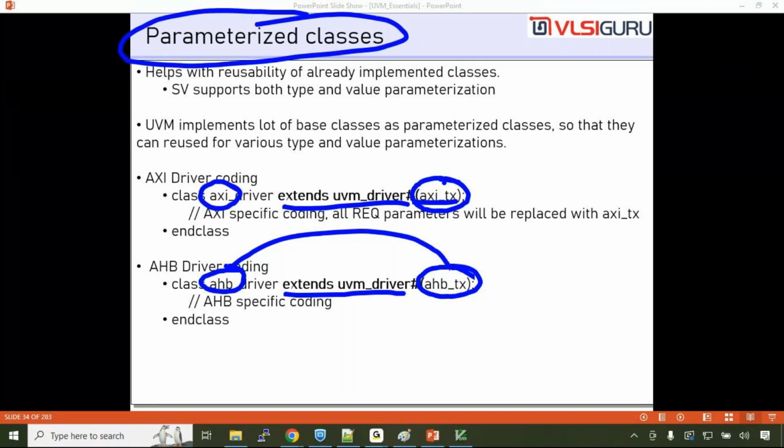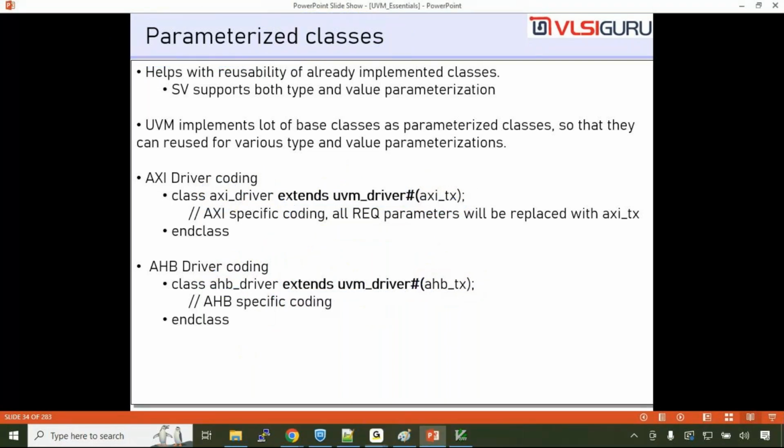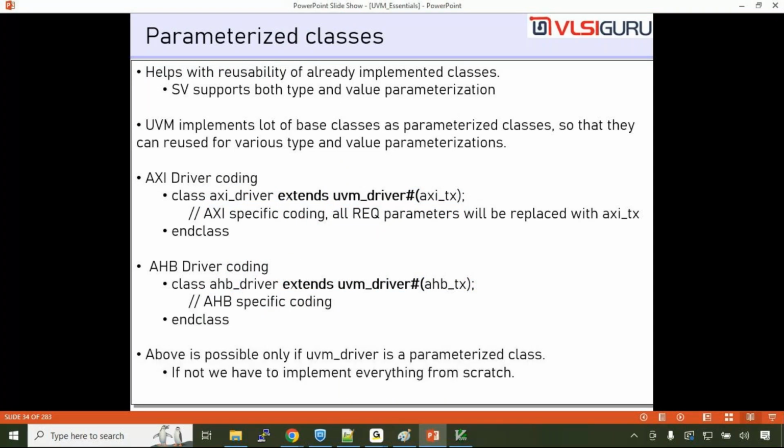If the parameterized class concept is not there, then this would not be possible. You'll have to do a lot of things from scratch. This is a very powerful concept. The above is possible only if UVM driver is a parameterized class. If not, we have to develop everything from scratch. Parameterized classes are very important for UVM to work.